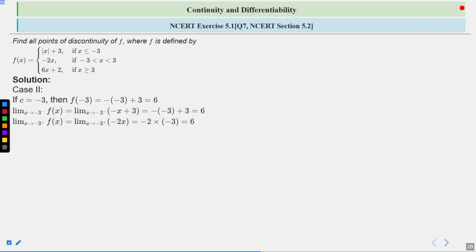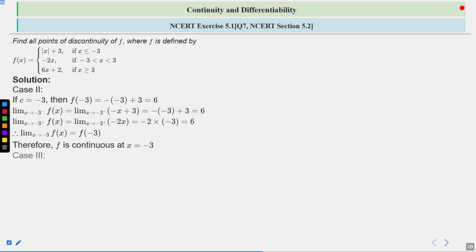Therefore, the limit as x tends to negative 3 of f(x) is equal to f(-3). Therefore, we can say that the function f is continuous at x equal to negative 3.